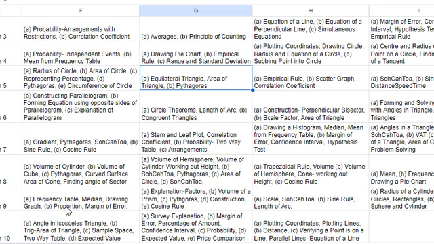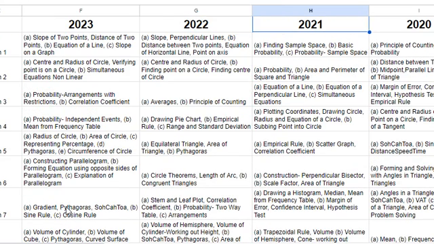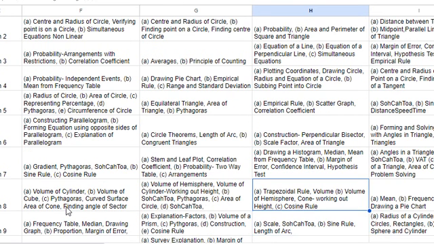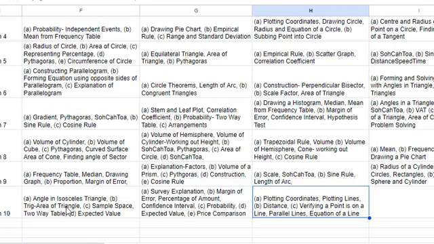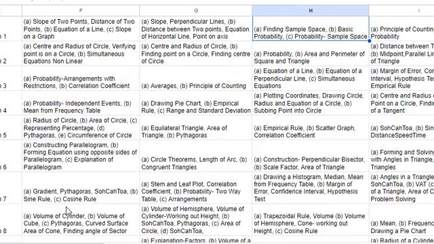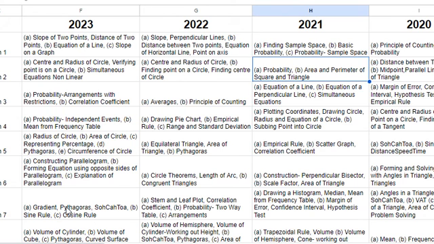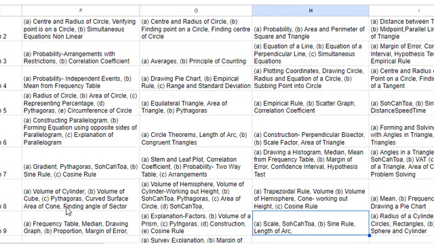You'll see Pythagoras comes up in question 5 as well that year at the end. 2021 then, so cosine rule comes up in part C of question 8, sine rule comes up in part B, and SOHCAHTOA comes up as well in question 9. And I can't see Pythagoras that year, but I'm sure it comes up somewhere.